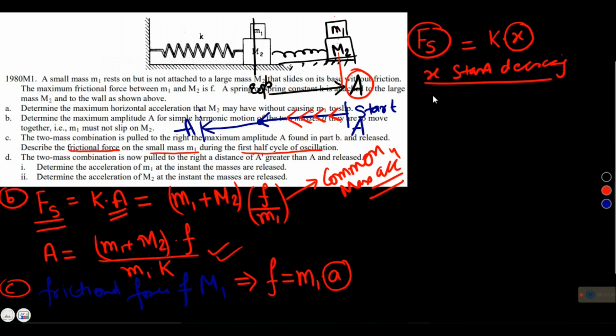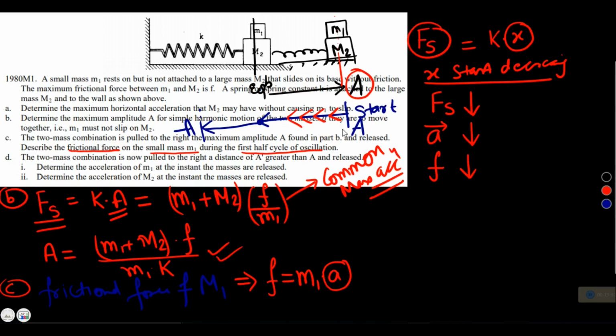As X starts decreasing, your Fs will also start decreasing. As Fs starts decreasing, the common acceleration A will also start decreasing.